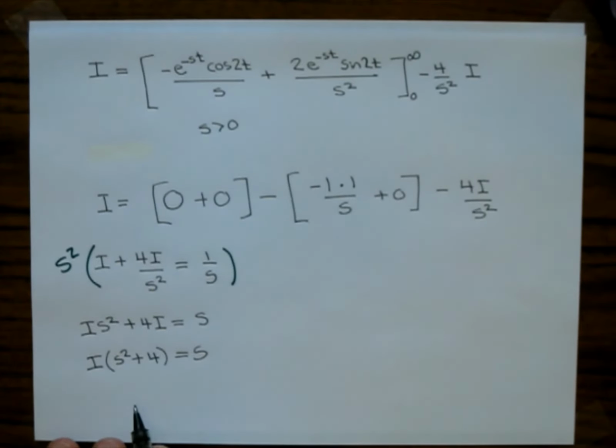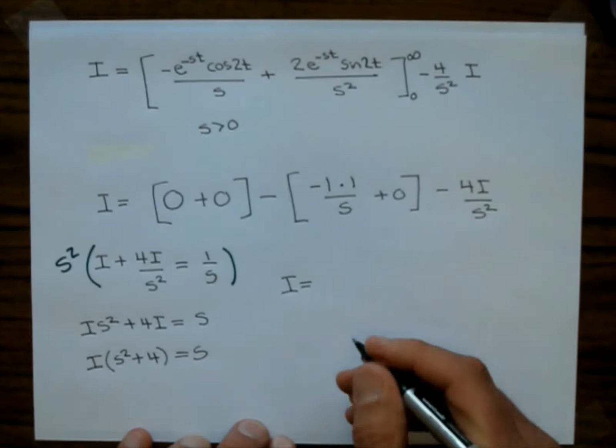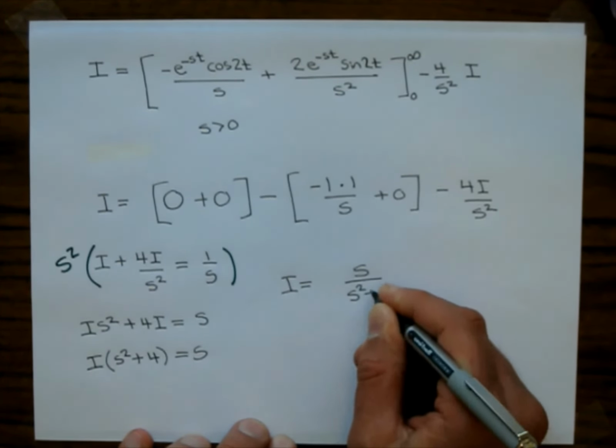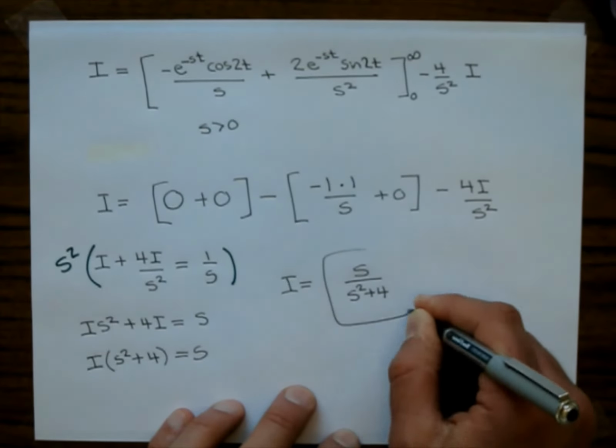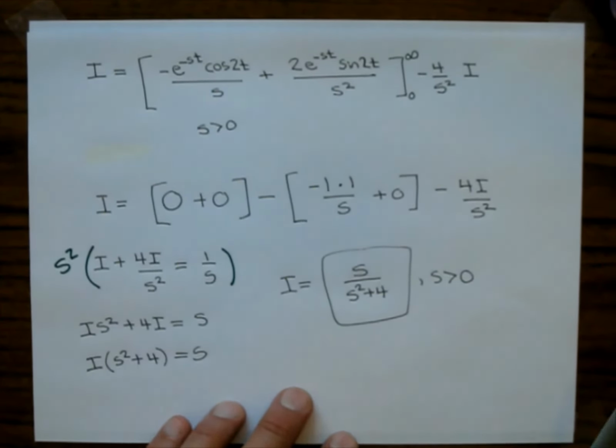And I'm going to divide both sides by s squared plus 4. When I do that, I end up getting my integral, or the Laplace transform, is s over s squared plus 4. And this holds true when s is greater than 0.